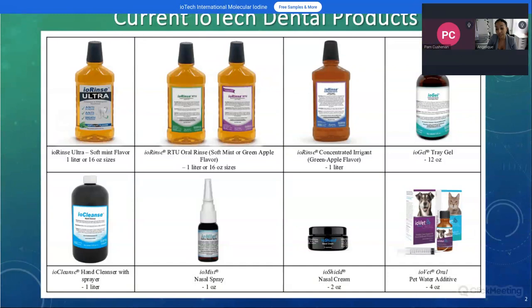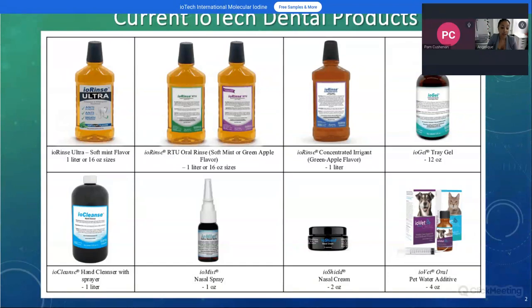Many of you may be familiar with the ready to use formulation. Both of these are equally effective with their levels of molecular iodine. They do not need to be diluted for use. Both can be used pre-procedurally, and both can be used long-term for ongoing daily at-home rinsing for your patients.